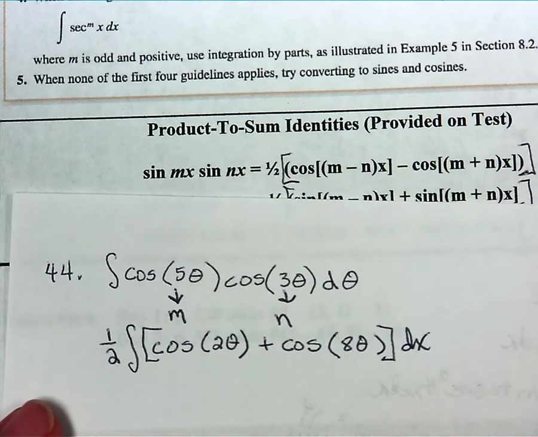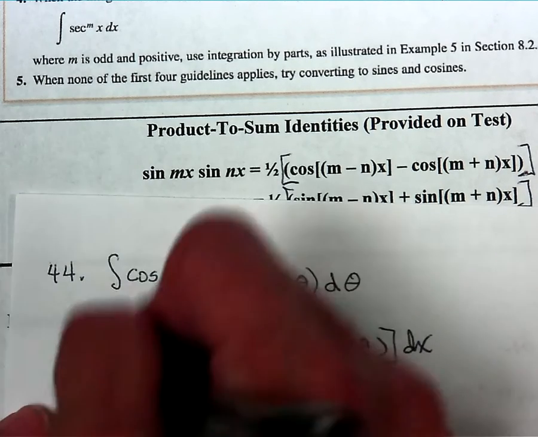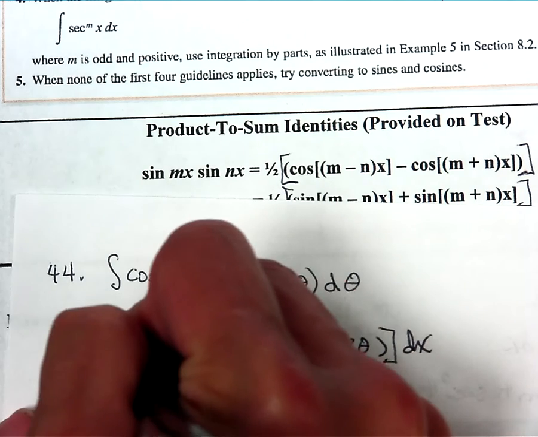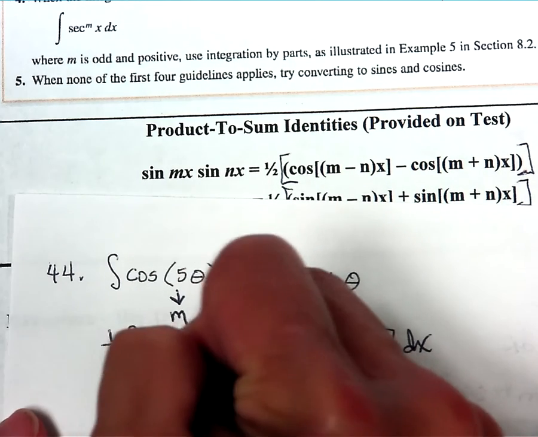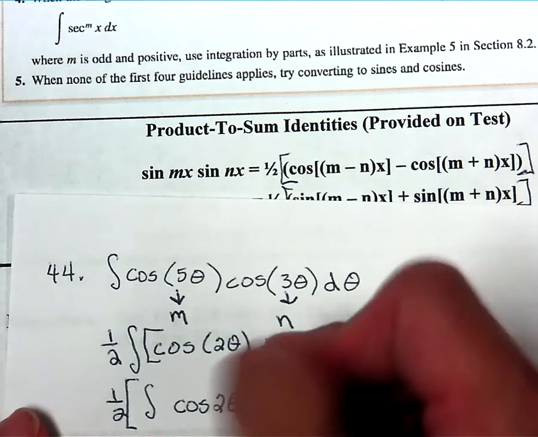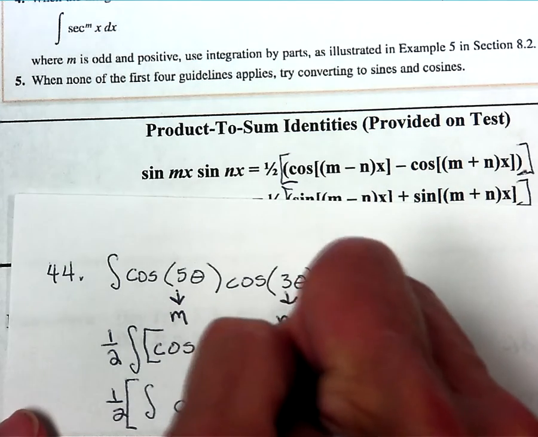Now that we've changed that product to a sum, look how easy that is. If we integrate cosine 2 theta, what do we have to have beside it? A 2 d theta.